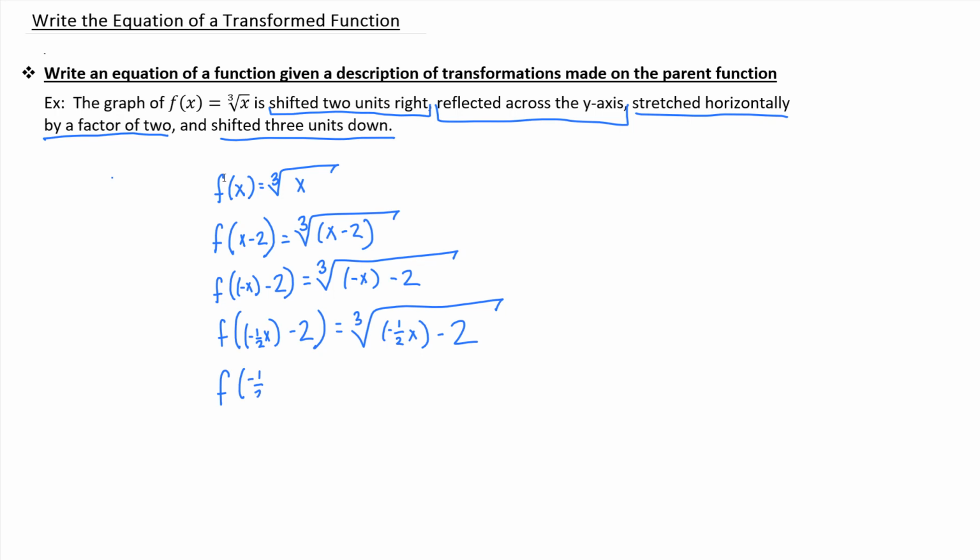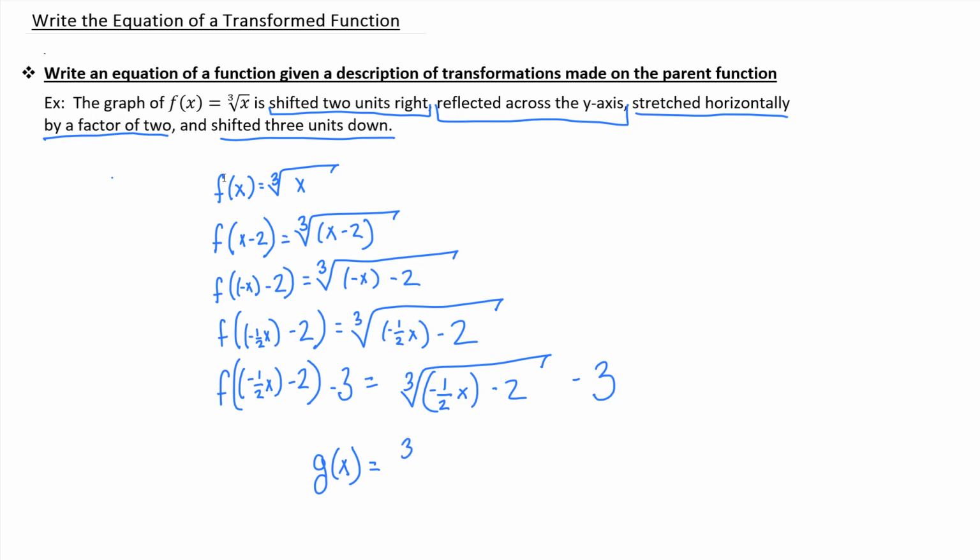So our overall function is the cube root of negative half x minus 2, and if we subtract 3 from that to get us down 3 units, at the end of the day our transformed function, we'll just call it something different than f of x, is g of x equals the cube root of negative 1/2 x minus 2, and then that all minus 3.